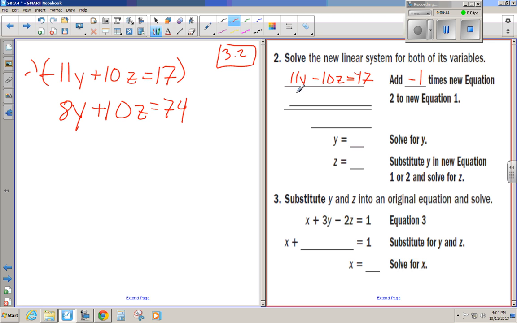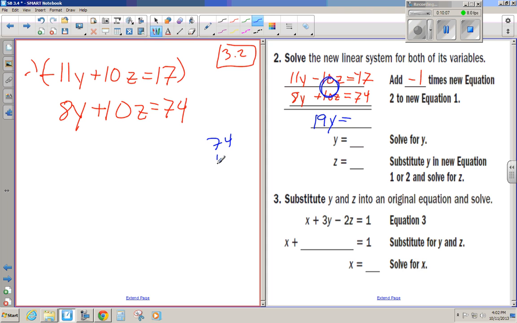And then I've got 8y plus 10z equals 74. So when I combine here, this becomes 0, and altogether 11y and 8y, that's 19y equals, well, let's see, 74 minus 17, 57.